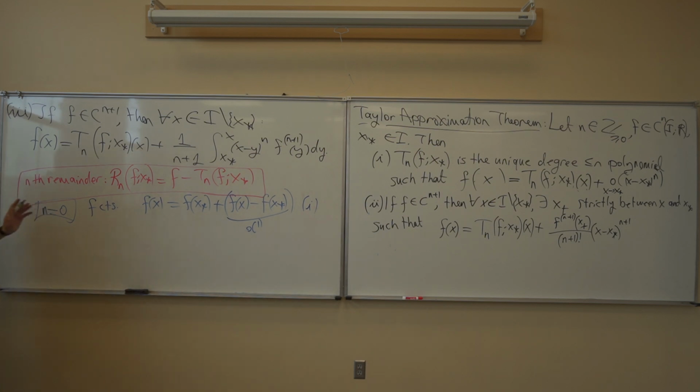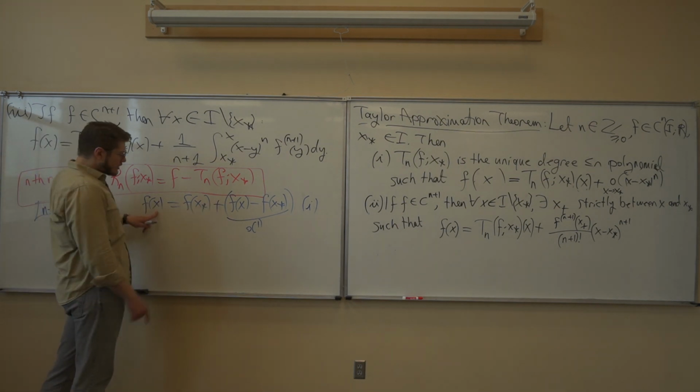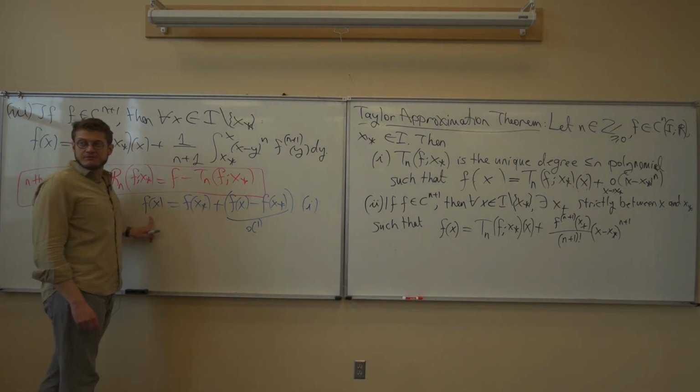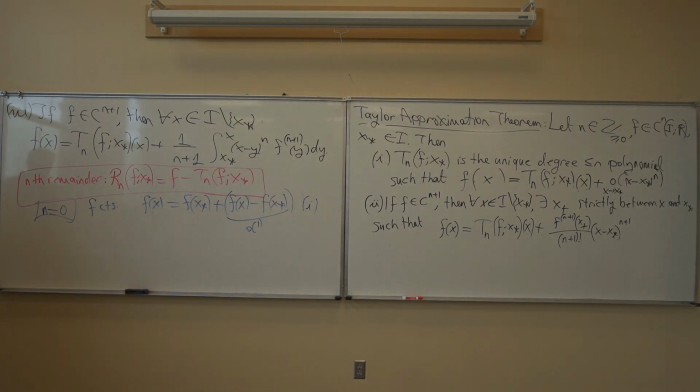Any questions about this? So for n equals 0, Taylor approximation says something equivalent to the definition of f being continuous. It says that for x near x star, f of x is near f of x star. That's the definition of continuity.